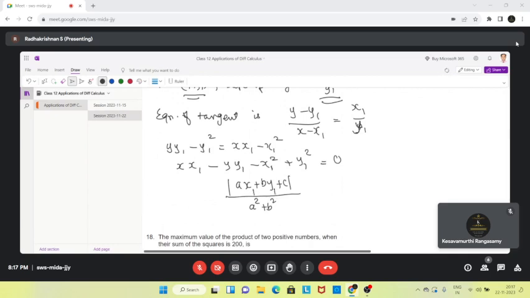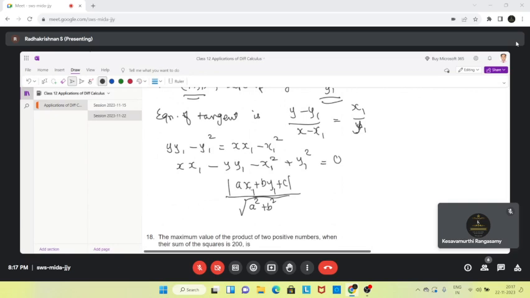Suppose the line is given by ax plus by plus c, and we want to determine the distance from the point x1 comma y1. The distance is given by the modulus of ax1 plus by1 plus c, divided by square root of a square plus b square. This is the concept of a straight line.